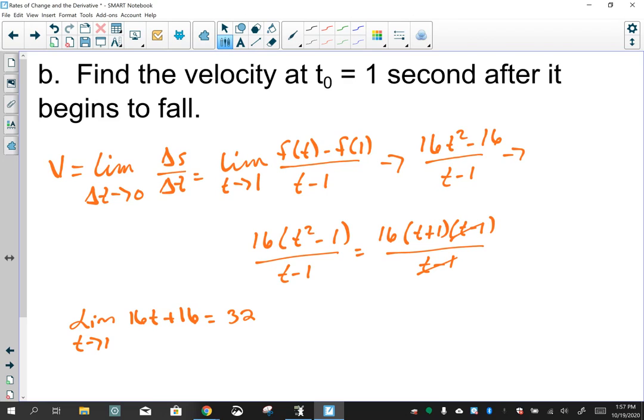But 32 is a naked number, so when they give us a word problem, we need to make sure we have some context.